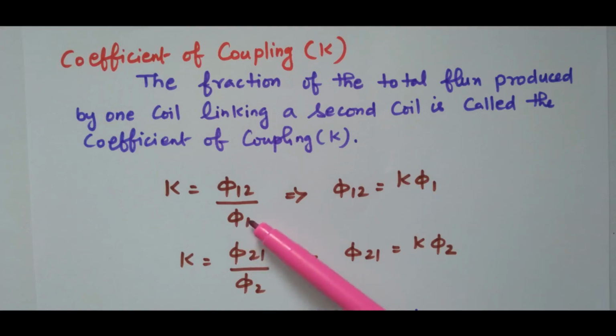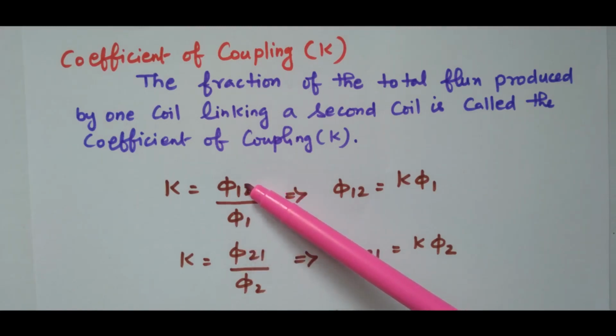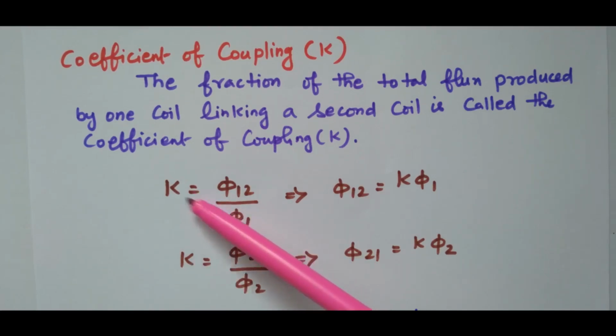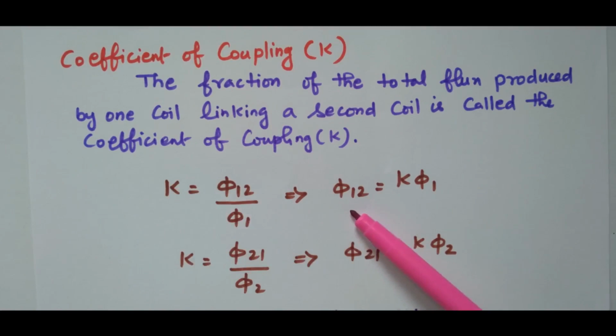This is the total flux produced in the first coil. In this, how much flux is linked with the second coil, phi 12. So phi 12 divided by phi 1 is nothing but the coefficient of coupling. From that we can write, cross multiply these two, so phi 12 equal to K into phi 1. Similarly, in the other case, when coil 2 is energized, phi 21 divided by phi 2, so phi 21 equal to K into phi 2.